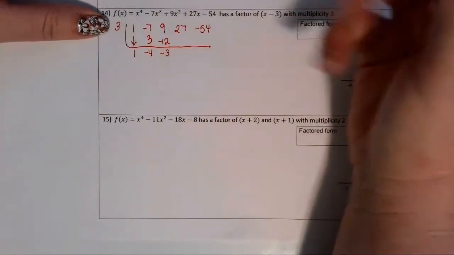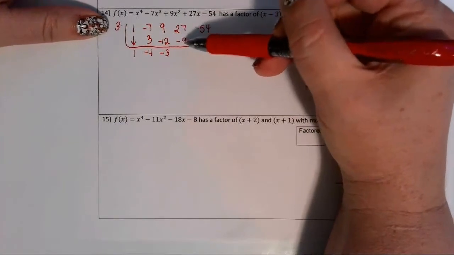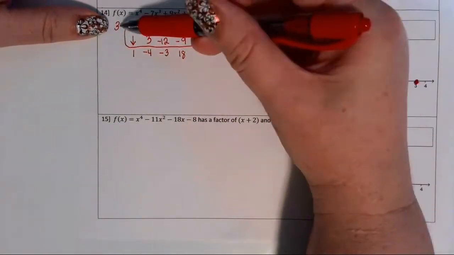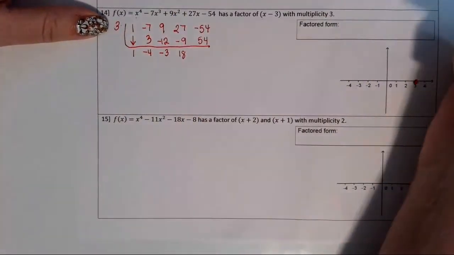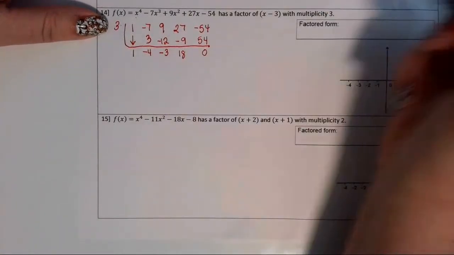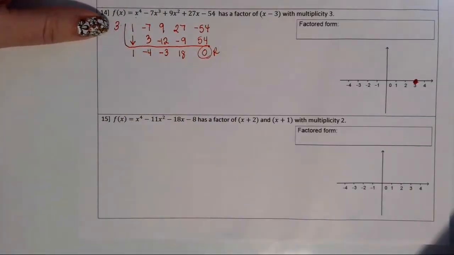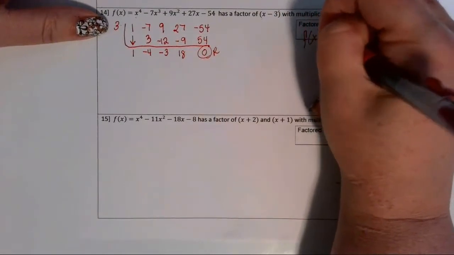Negative 3 times positive 3 is negative 9. And then 27 plus negative 9 is 18. Then we're going to multiply. 18 times positive 3 is 54. And then add negative 54 plus 54 is 0. And that is the remainder of 0 that tells us that x minus 3 is a factor.